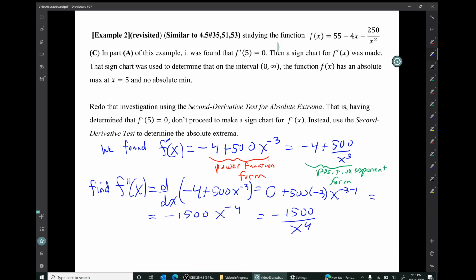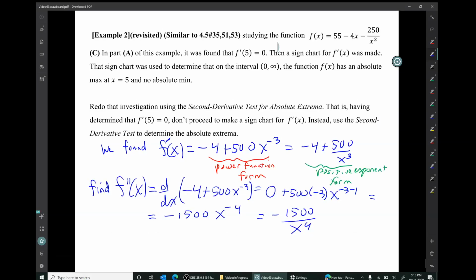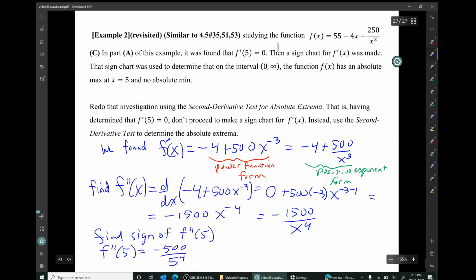Now what are we supposed to do with this? We're supposed to figure out if f double prime of 5 is positive or negative at x equals 5. Negative 500 over 5 to the fourth. What is 5 to the fourth? Well, that's messy, right? 5 squared is 25, 5 cubed is 125, 5 to the fourth is 625.